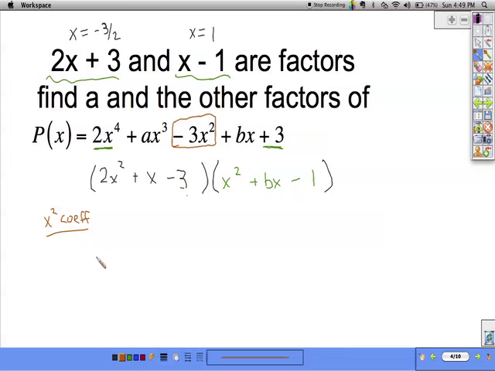So for the x squareds, we're going to get x squared by multiplying those two terms together, those two terms together, and those two terms together. So -2x squared plus bx squared minus 3x squared has to equal the total number of x squareds I have.